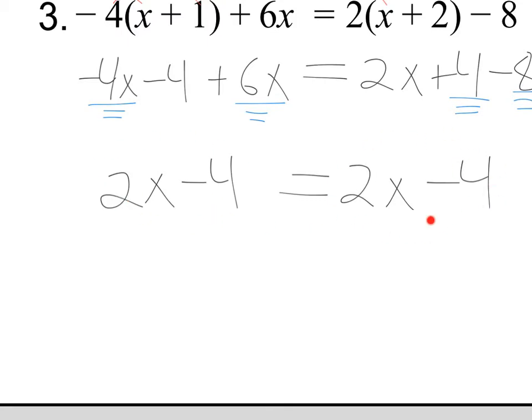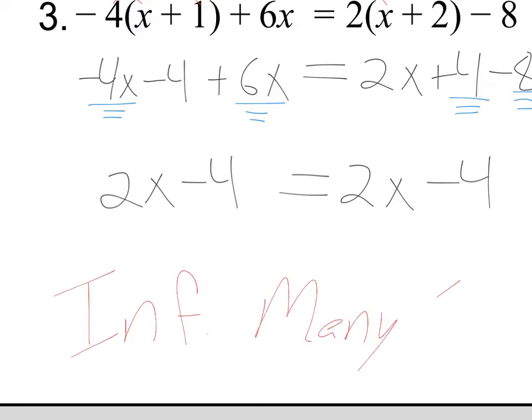So if I tried adding 4 to the other side, the 4s would just cancel each other out. They'd disappear. Or if I tried taking away 2x to move that over, doesn't matter from which side to where, it's going to nullify. So what that means is since the left side and right side are identical, we have infinitely many solutions.